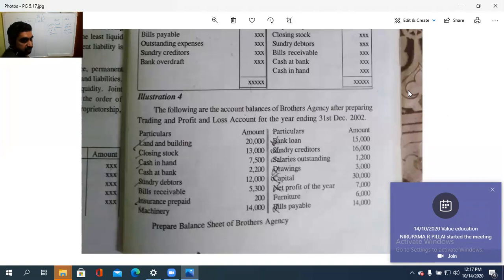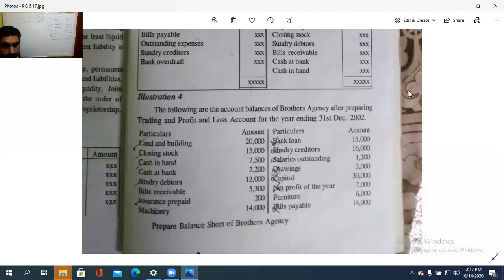Then bills receivable 5,300. Machinery 14,000. Furniture 6,000. Closing stock 13,000.